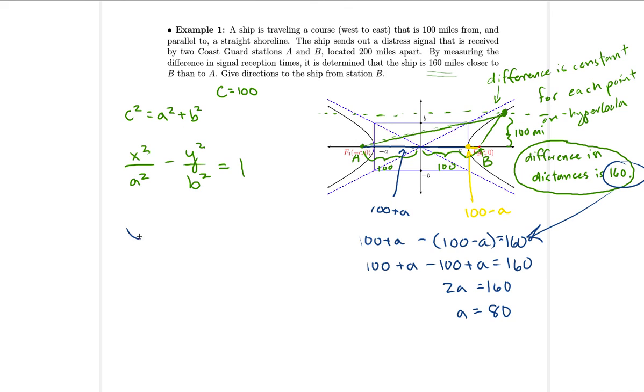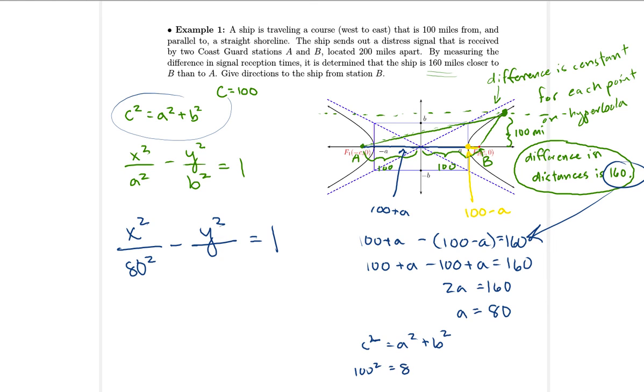So I can update my formula here to be x squared over 80 squared minus y squared over, well, we can easily find B because of the formula we know for hyperbolas, which is c squared equals a squared plus b squared. So that means that 100 squared equals 80 squared plus b squared.